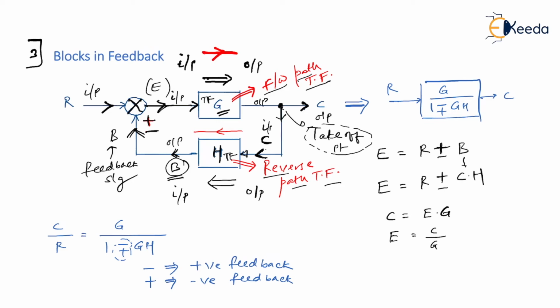So I have just shifted this G to the other side. I would name this as 1 and this as 2. So I'll substitute the value of error E in equation number 1. Then what I get is C upon G equal to R plus minus CH.